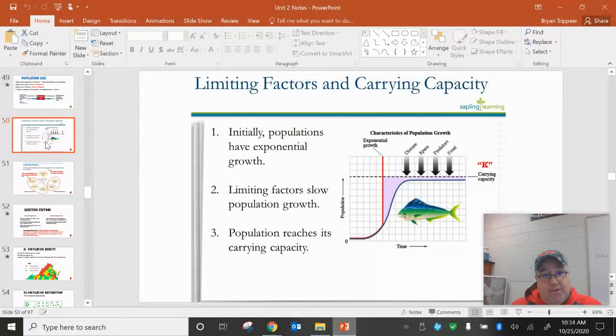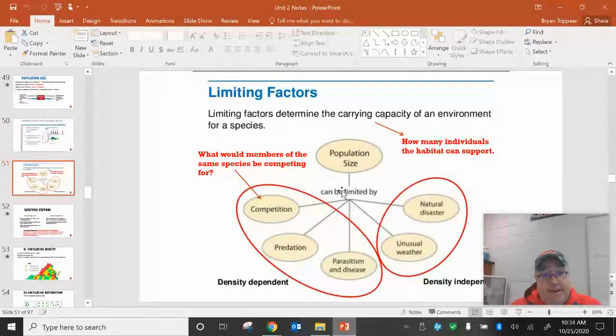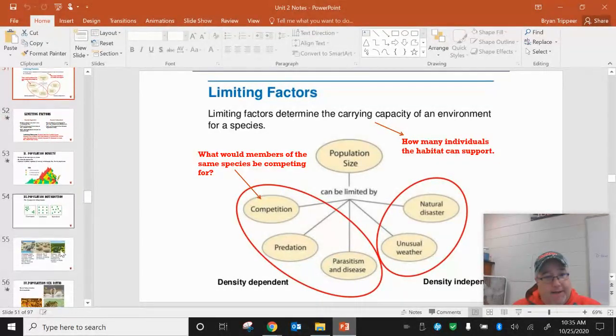We also talked last week about how populations grow and what limits their growth. We talked about limiting factors. These are things in the environment that put pressure on a population and keep it in check so it doesn't grow out of control. We'll talk about that more again today.